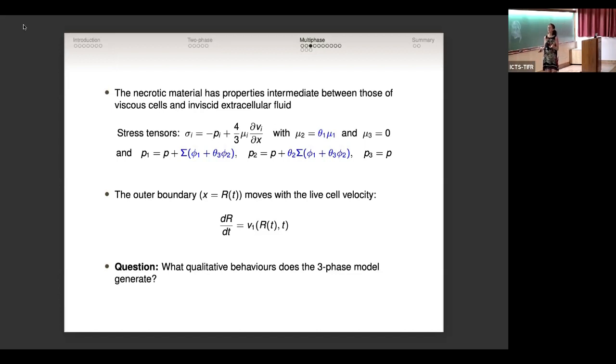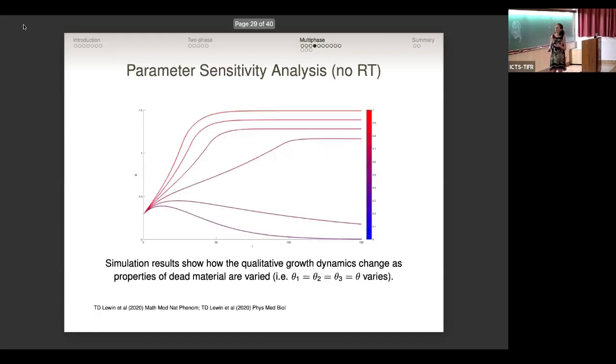So then the question is, what qualitative behaviours does this model exhibit? What do we get for all this extra work? For simplicity, I've fixed all of those thetas to be identical, so that we can vary one parameter at a time. If we start at the top here, I think this is theta equals 1, and this is theta equals 0.